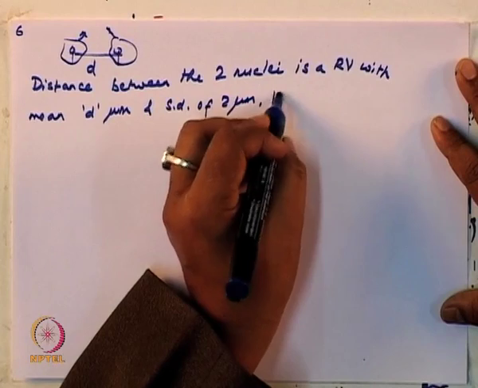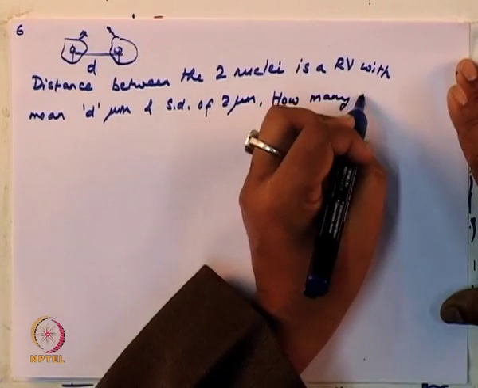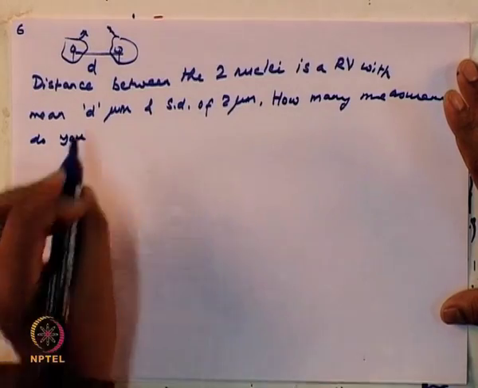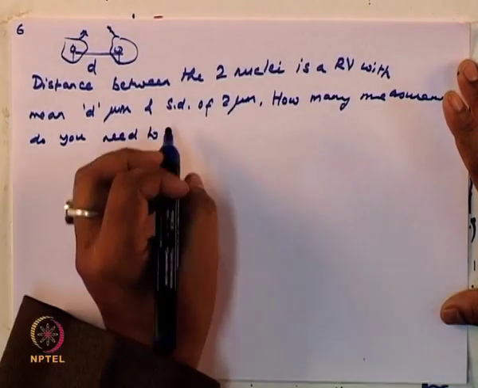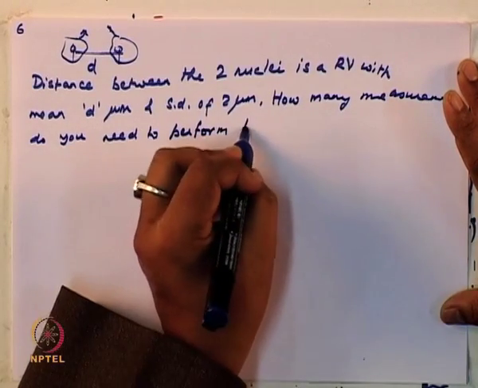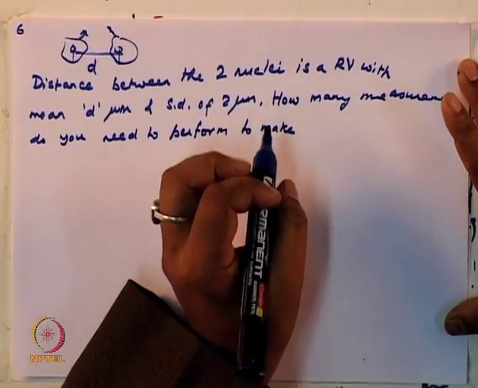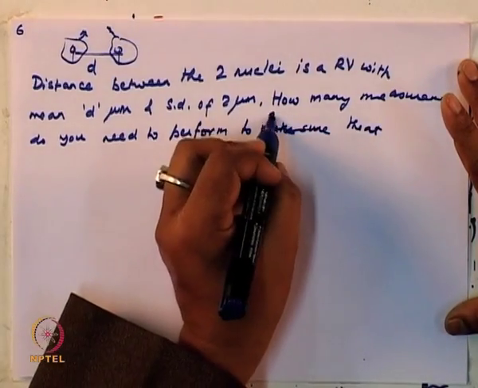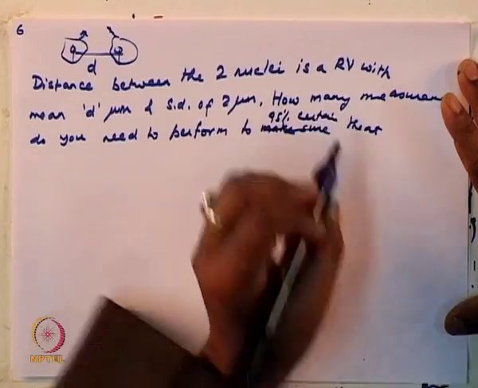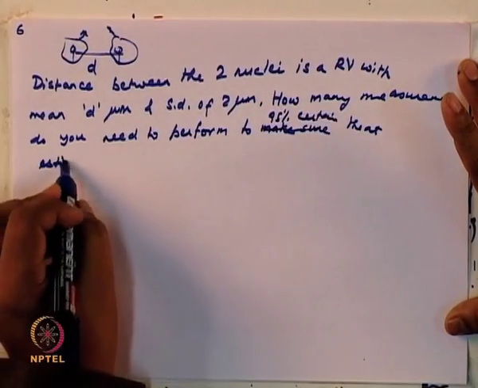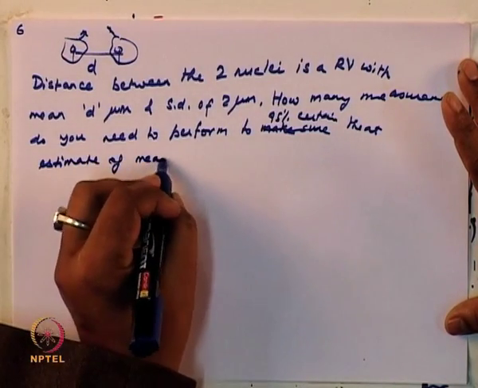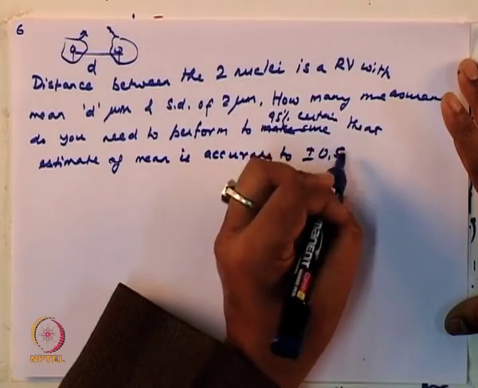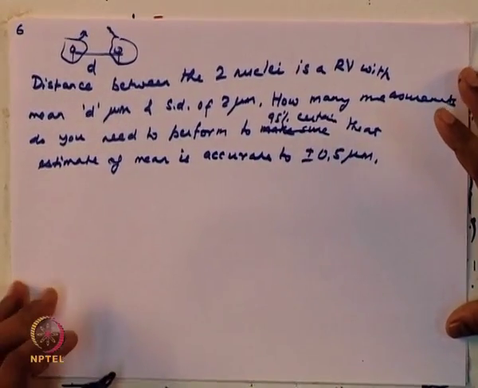So, the question is as follows: how many measurements do you need to perform to be 90%, 95% certain that the estimate of mu, the estimate of the mean, is accurate to plus minus 0.5 microns?